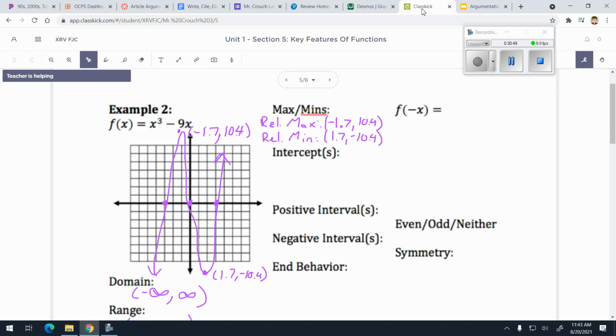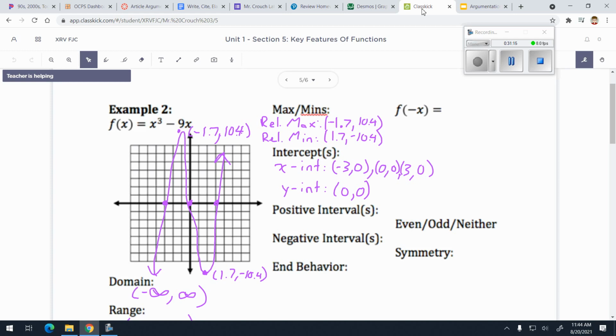Okay, you have a few intercepts. You have x-intercepts and y-intercepts. Your x-intercepts would be negative 3, comma 0, 0, comma 0, and 3, comma 0, and then your y-intercept is also 0, 0. So the y-intercept is special, it's a little bit of both. Okay.